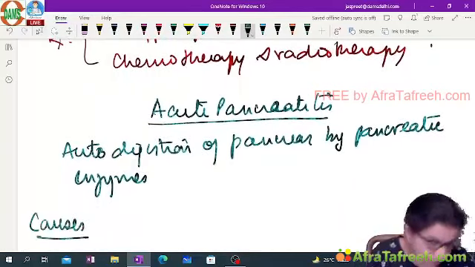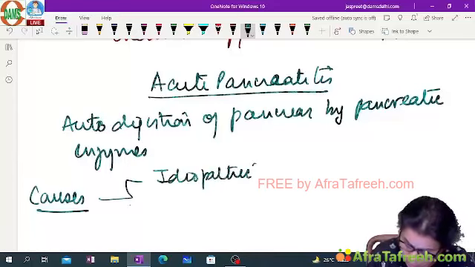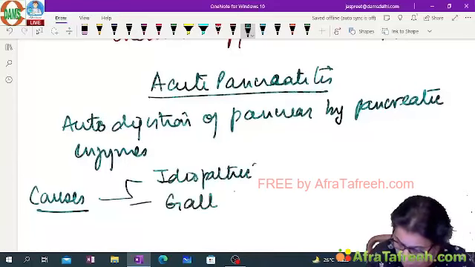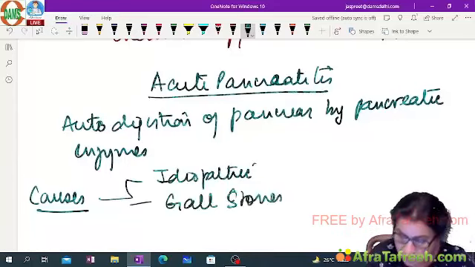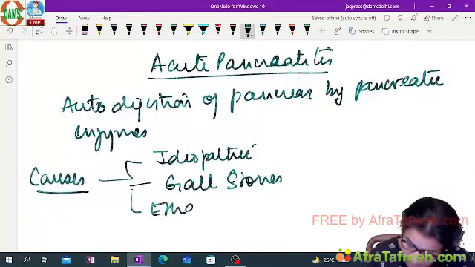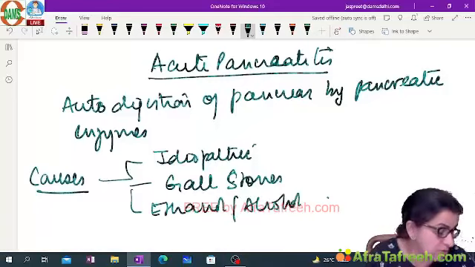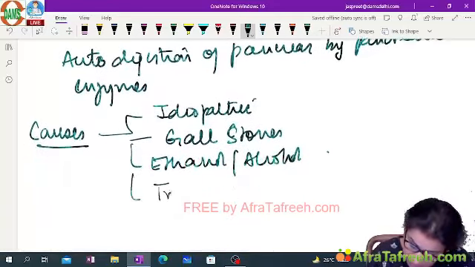Causes of acute pancreatitis, number one, idiopathic. Two, gallstones can also cause it, as we saw, one of the complications of gallstones was acute pancreatitis. Three, alcohol. Alcohol is a common cause of pancreatitis. Trauma to the pancreas, steroids.